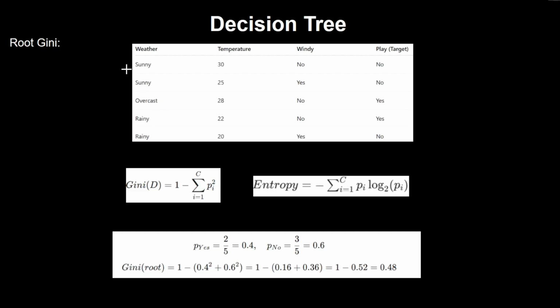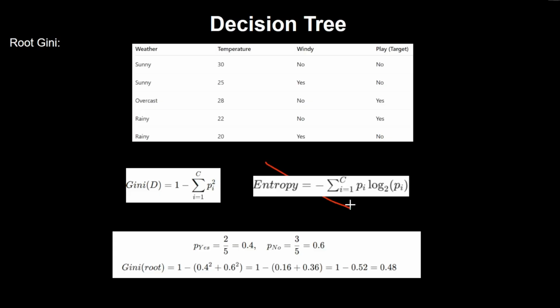Now let's see a numerical example to calculate and design the decision tree. Let's say we have this data here. We have the features weather, temperature, and whether it's windy or not. The output variable here is play, which represents whether the place is playable for any sport, yes or no. The first step is we need to calculate the Gini impurity or entropy and information gain.